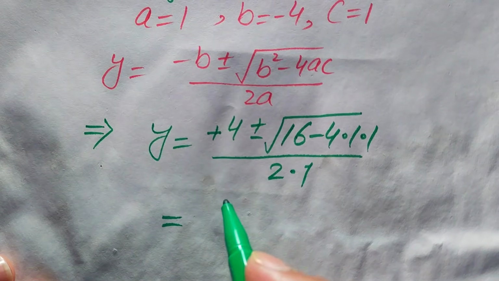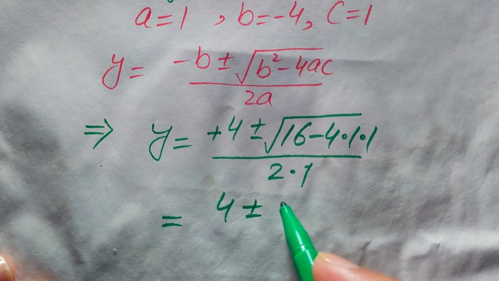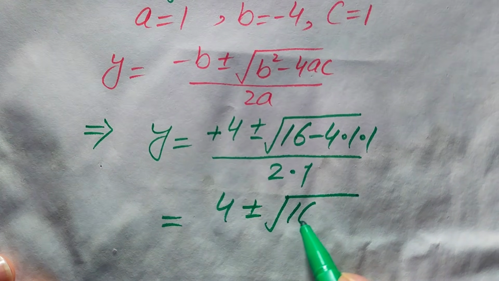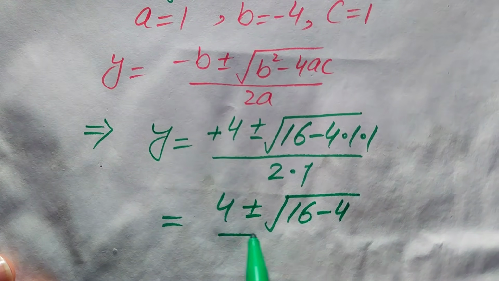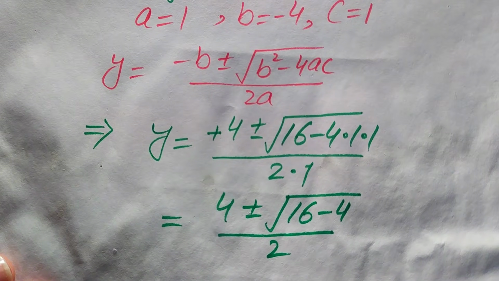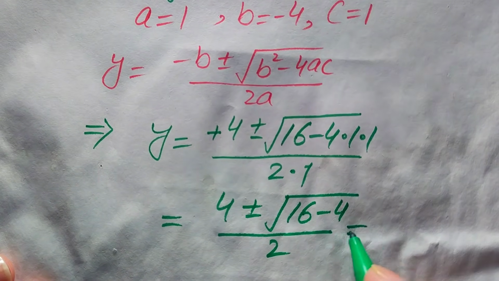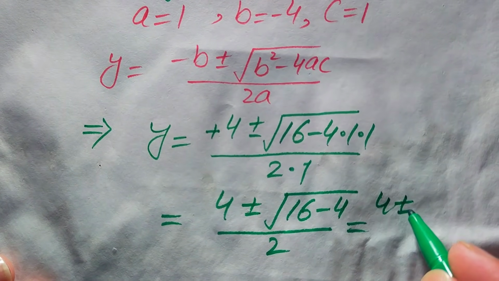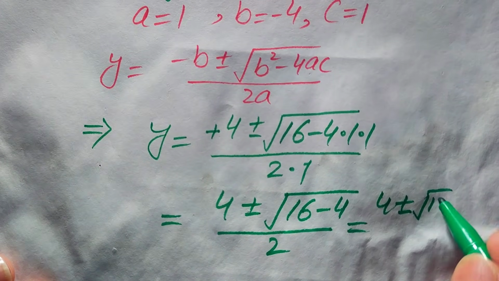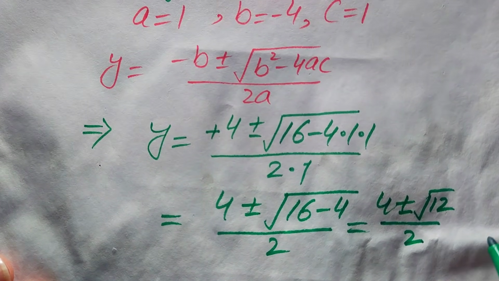Further we need more simplification, and we have 4 plus minus square root of 16 minus 4, divided by 2. So further we have 4 plus minus square root of 12, divided by 2.